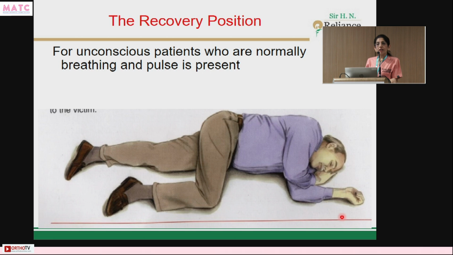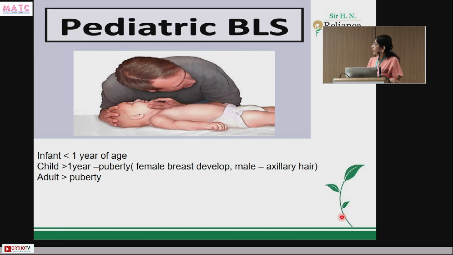Once you have achieved the return of circulation, or a normal sinus rhythm is returned, then you place the patient in the recovery position, which is the left lateral. So in case the patient vomits, he will not aspirate. That is the logic behind putting the patient in the lateral position.